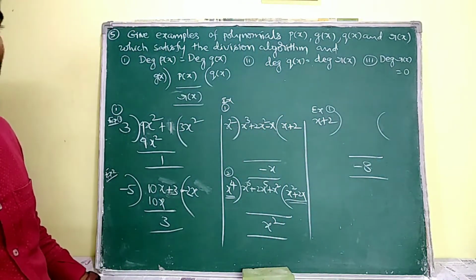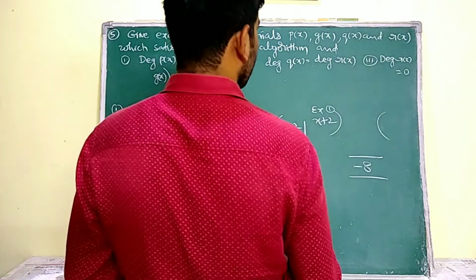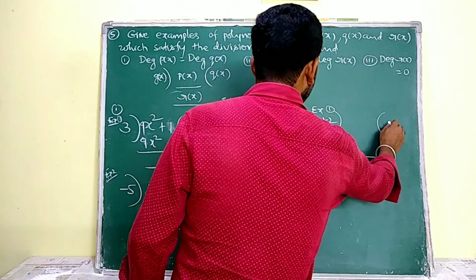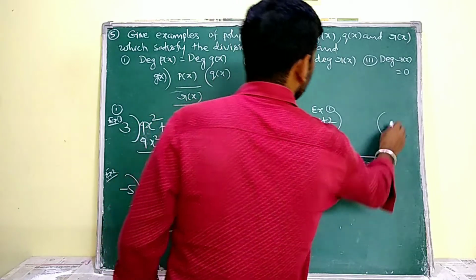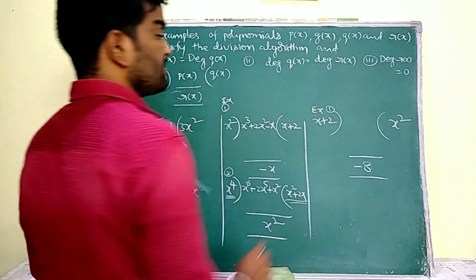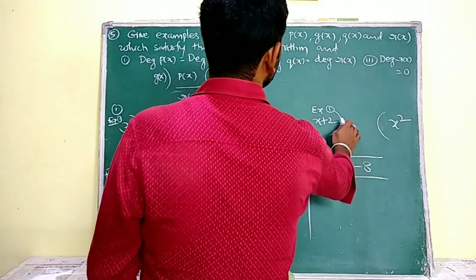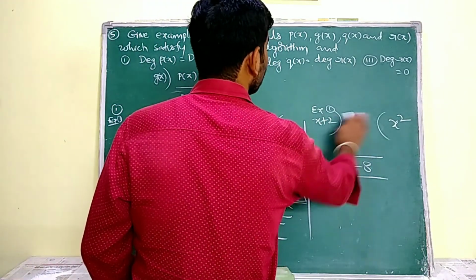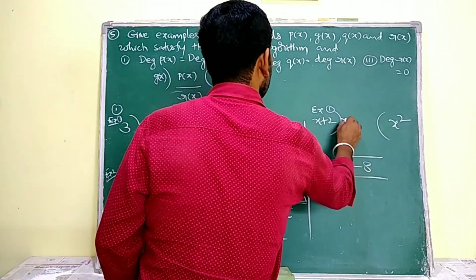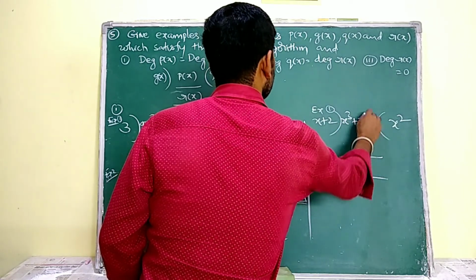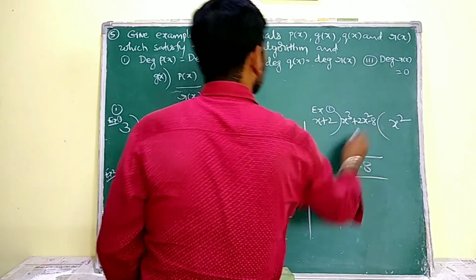Then definitely you may take any value in the quotient. For example, here I am going to write x square, because there is no restriction for the quotient. Now to obtain this dividend, I have to multiply divisor and quotient. x into x square, x cube, and it is 2x square, and this minus 8 is added to this.